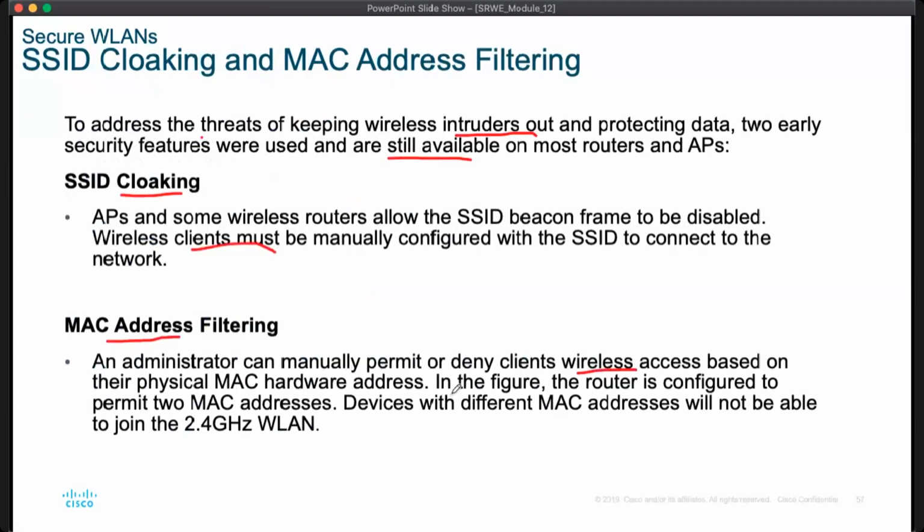In the figure, the router is configured to permit two MAC addresses. Devices with different MAC addresses will not be able to join the 2.4 GHz wireless LAN.